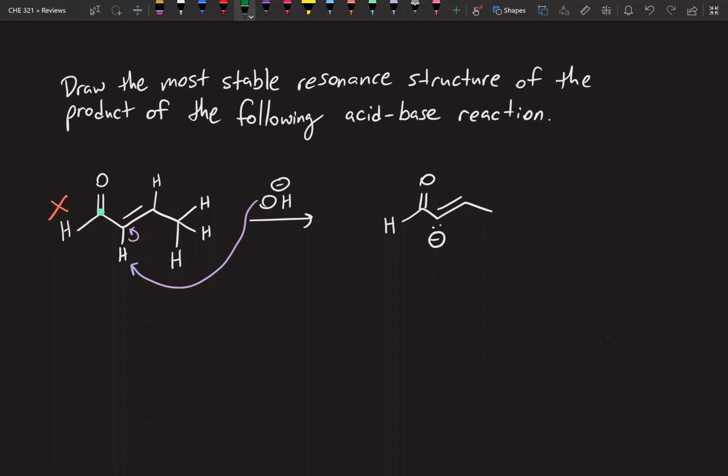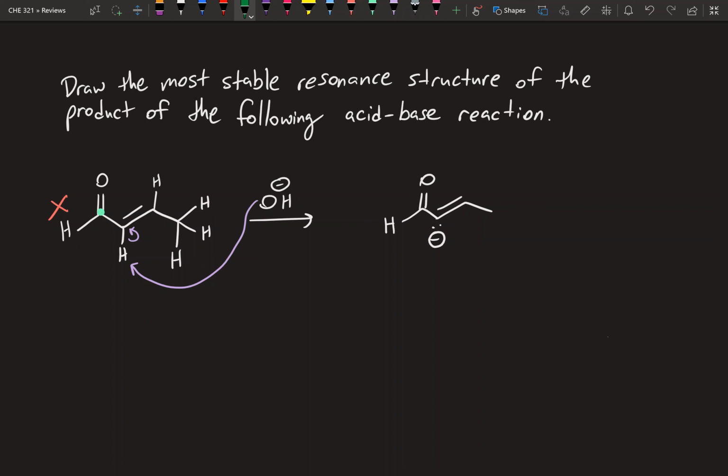Now this is similar to what we said before. We have a lone pair on a carbon that's double bonded. That lone pair cannot participate in resonance. So essentially we cannot shift that negative charge around, or we cannot delocalize it, and so it's confined to one area. The fact that it's confined to one area makes this structure unstable.